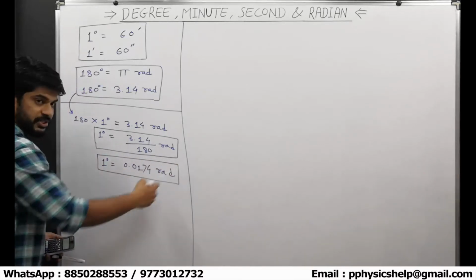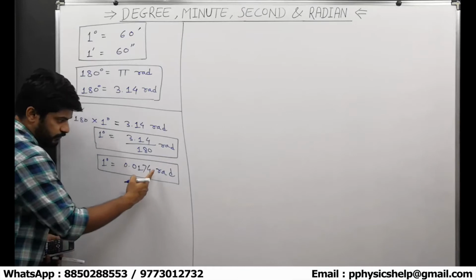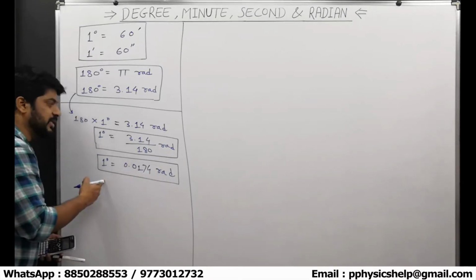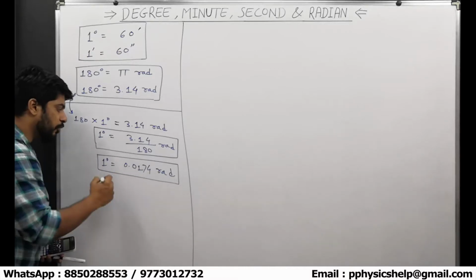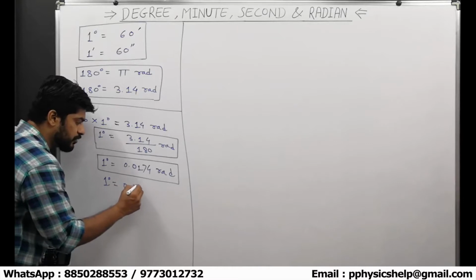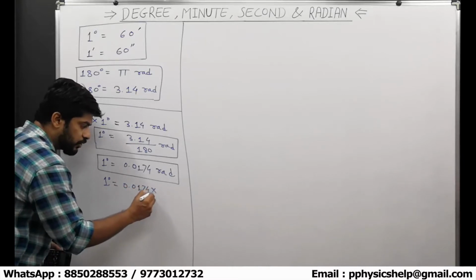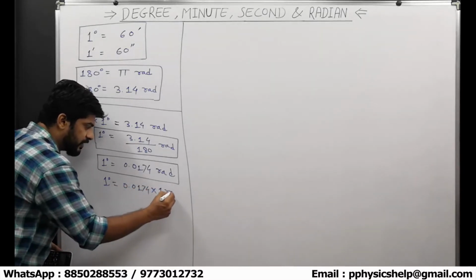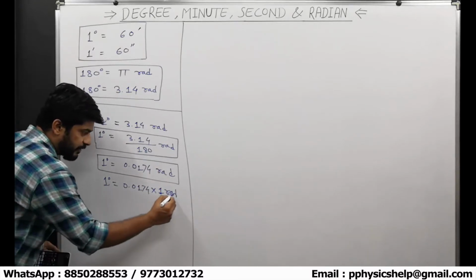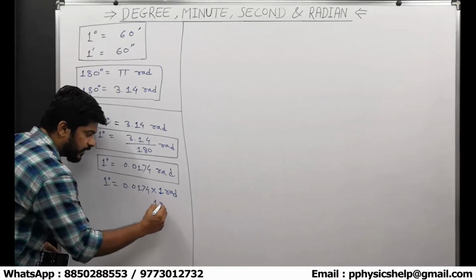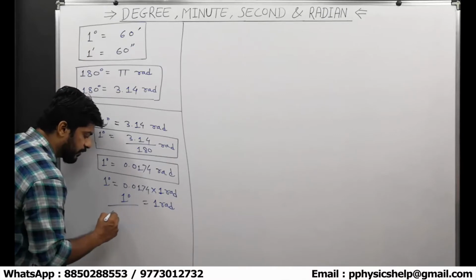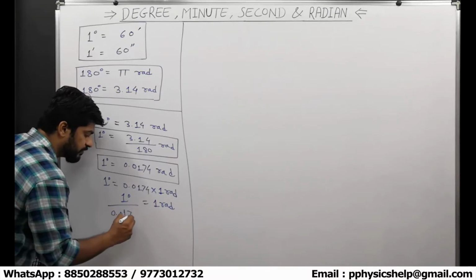We can do the reverse also. We can find out what 1 radian is in degrees. 1 radian is equal to how many degrees? So we can write 1 degree is equal to 0.0174 into 1 radian. From this I can write 1 radian is equal to 1 degree divided by 0.0174.